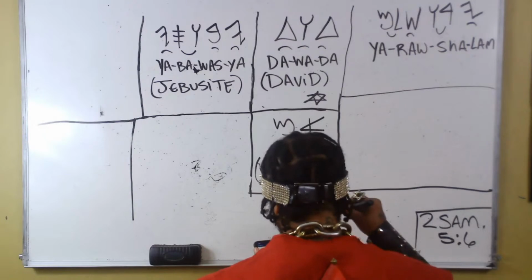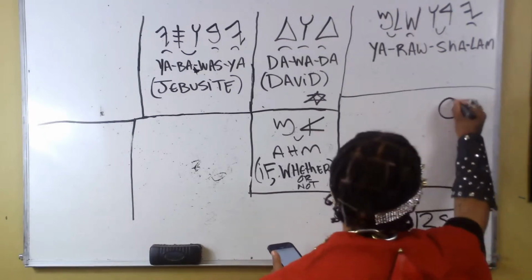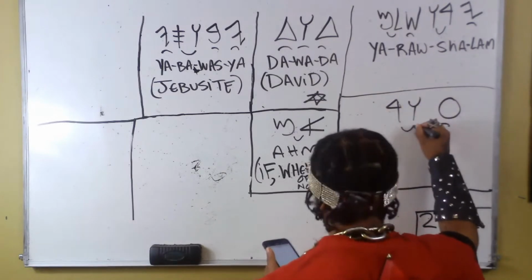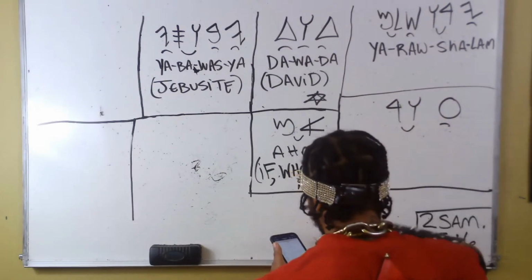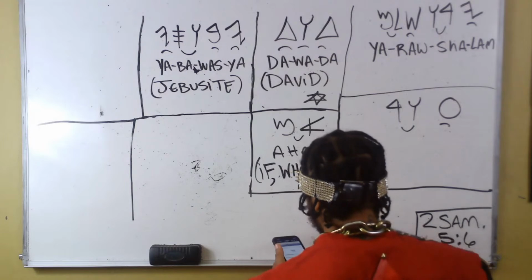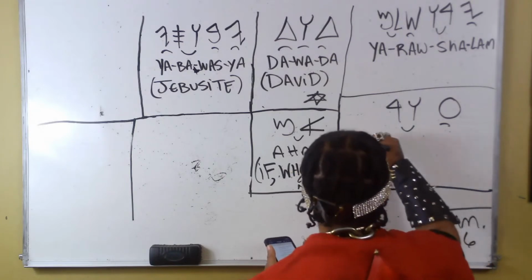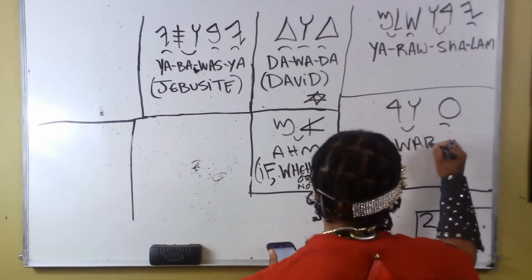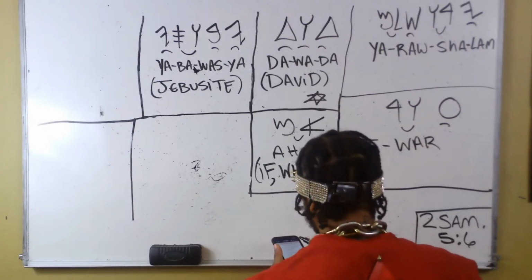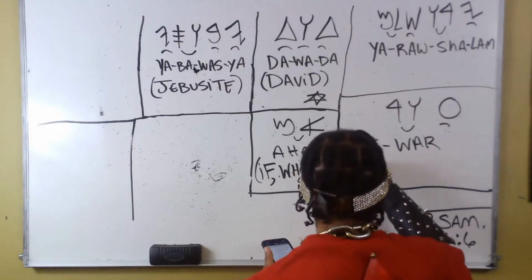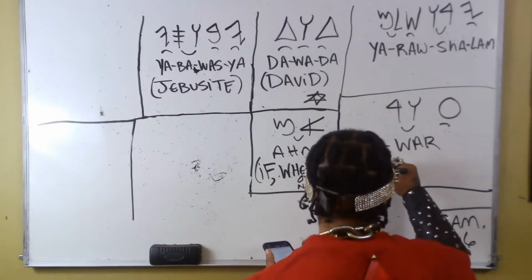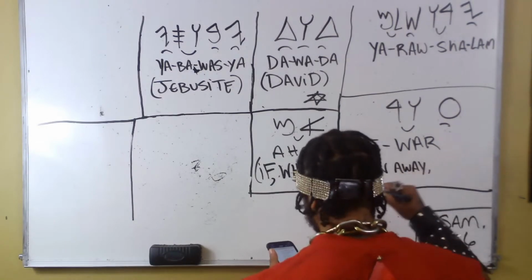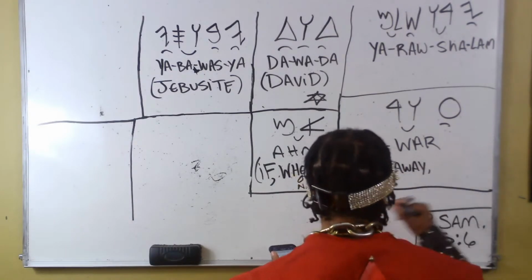It's like the word I wore, so like an incorrect pronunciation. I wore means to turn away, to turn aside.